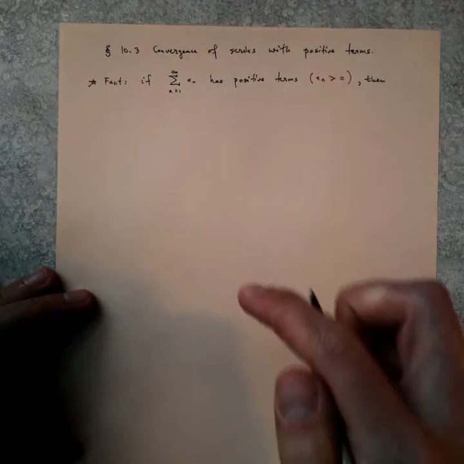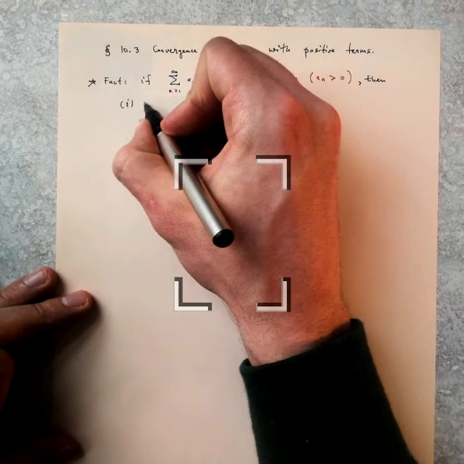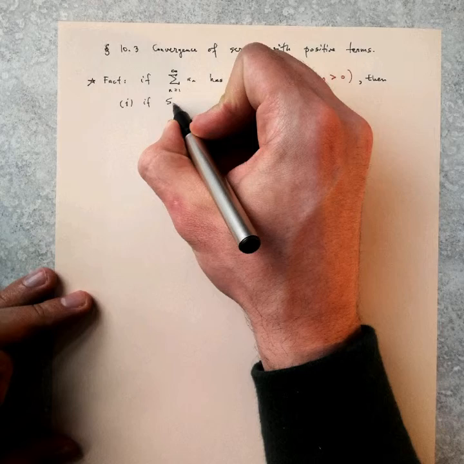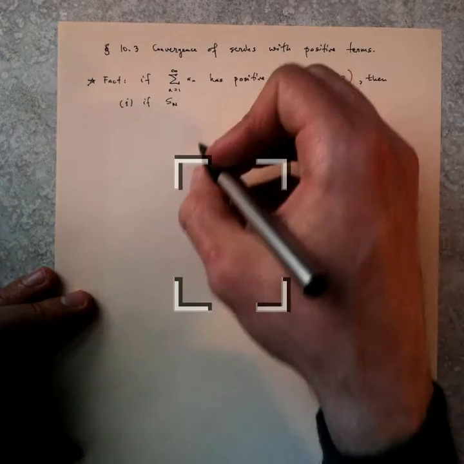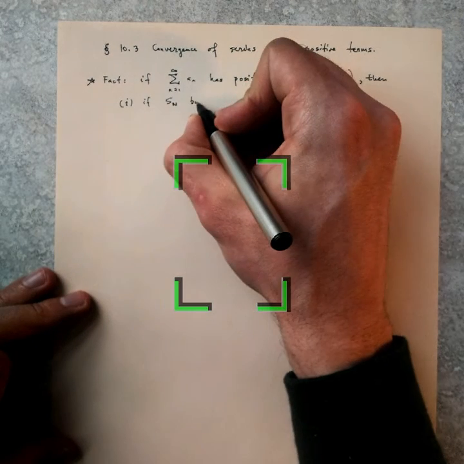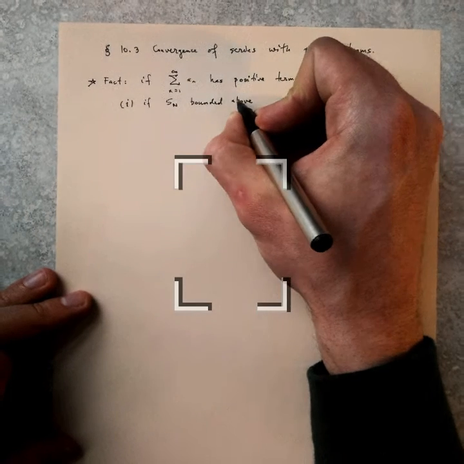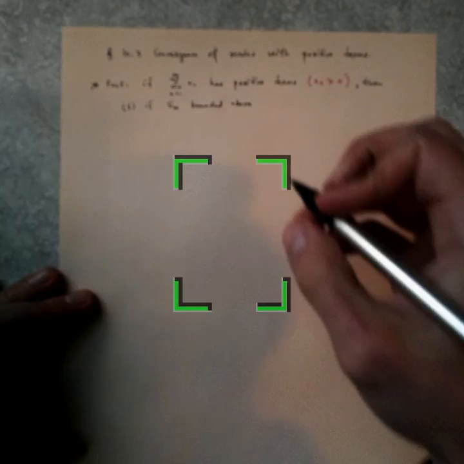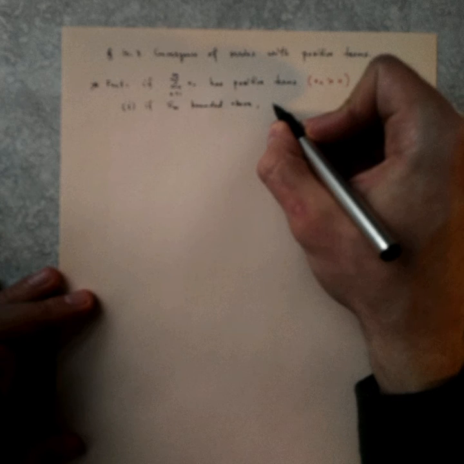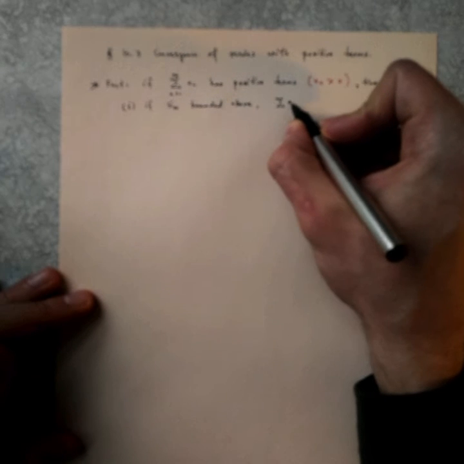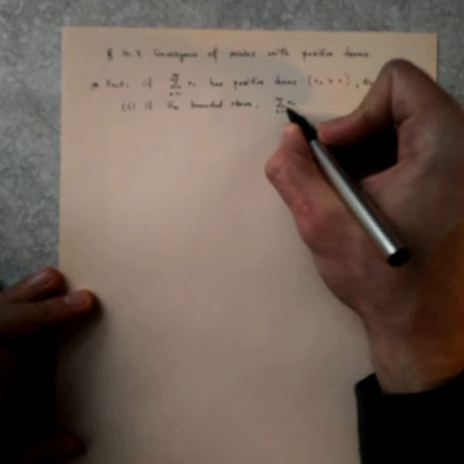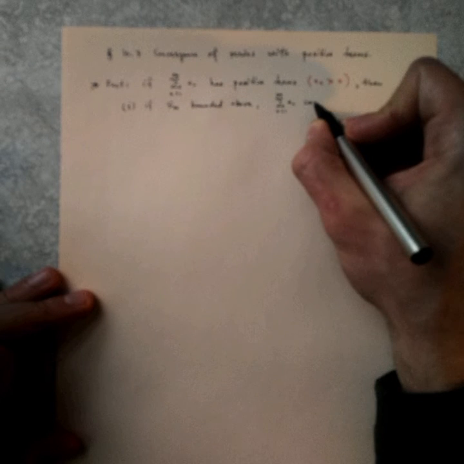Then, if my partial sums are bounded above, then this sum converges.